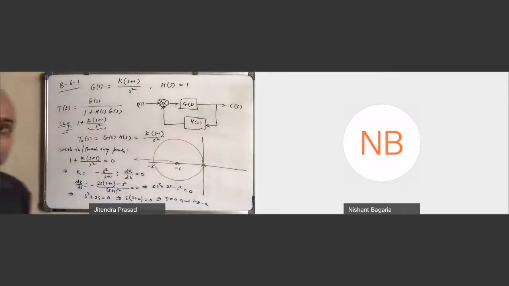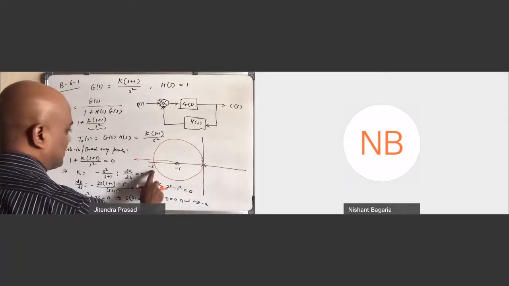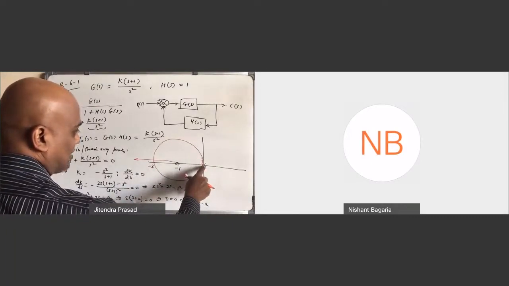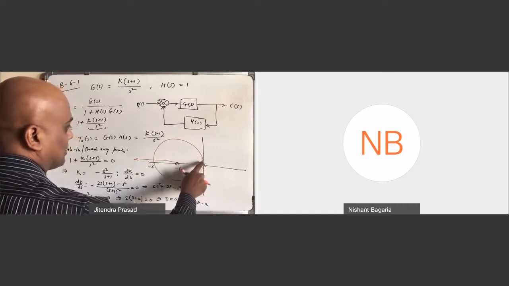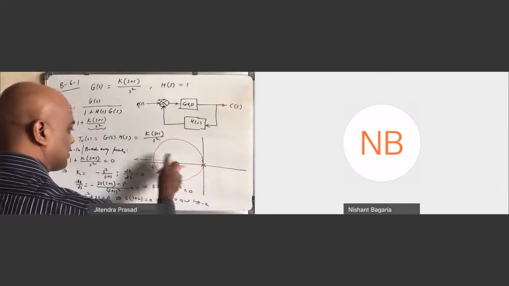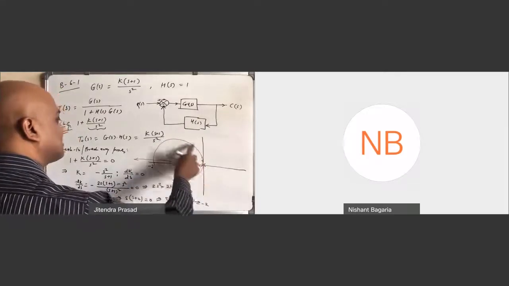Because this is minus 2, it has to cross minus 2, and it has to cross this point also where it is vertical, and it will cross here also, and hence the curve will be something like this.